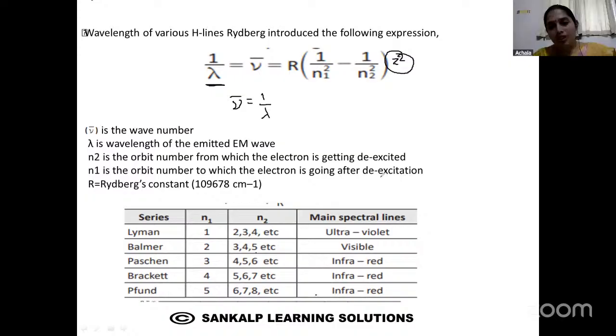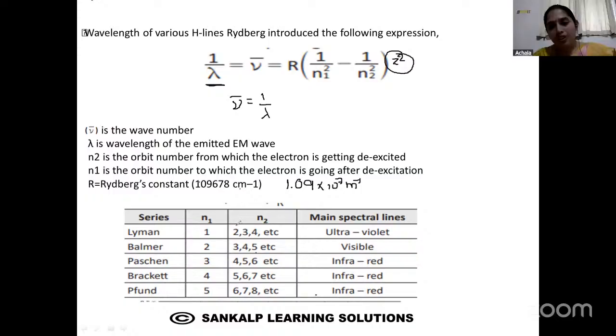R is the Rydberg constant. Its value is 109678 per centimeter. If it is in per meter, then it is 1.09 into 10 raised to 7 per meter. In this equation, n1 is always 1 for the Lyman series, because when do we say Lyman series?